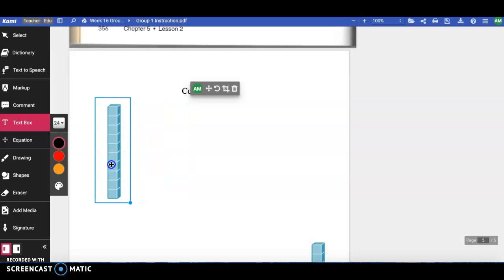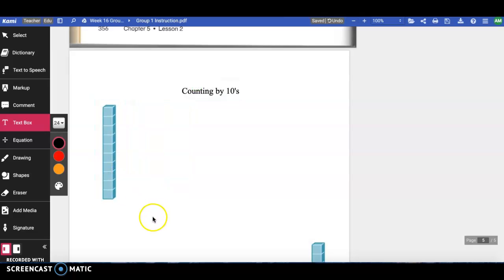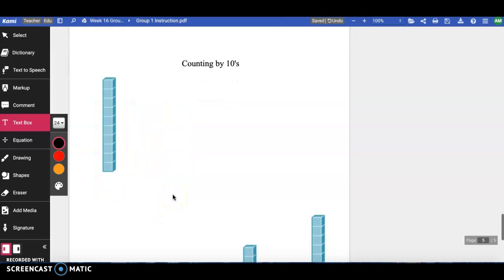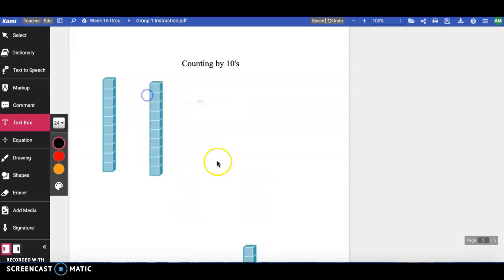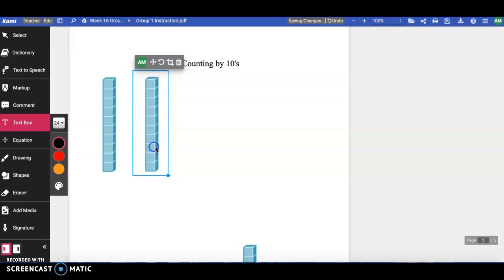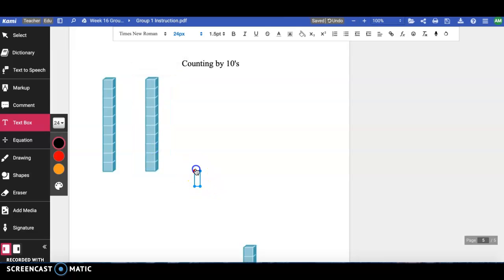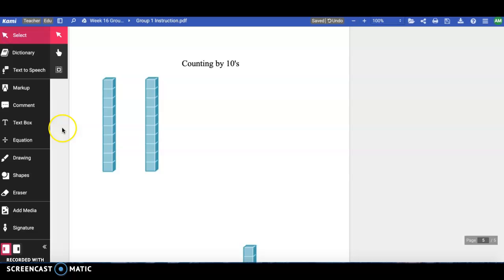This is where counting by tens comes in handy. So we have one group of 10, then we have two groups of 10. Let's take a second and think to ourselves, how many cubes do we see here? We see 10 cubes, 20 cubes, two groups of 10.